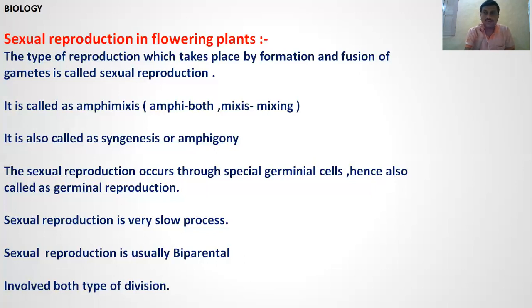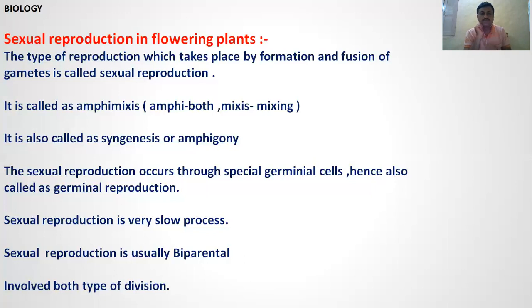And sexual reproduction is usually biparental because two parents are involved in this process. First, male gametes, and second, female gametes. Both gametes are involved in this process, and hence it is also called biparental. Both types of divisions are involved in sexual reproduction, mitosis and meiosis.